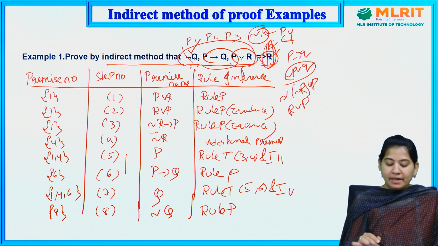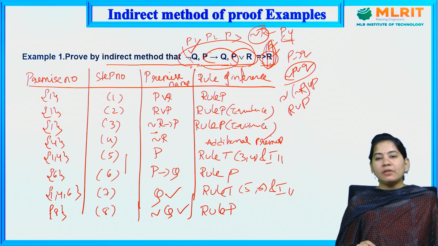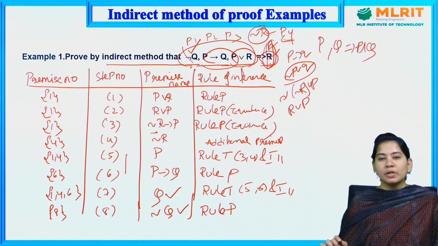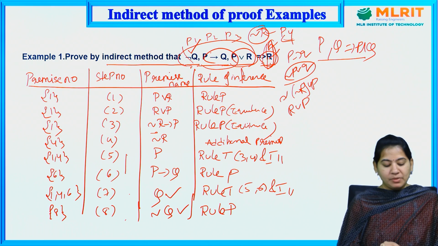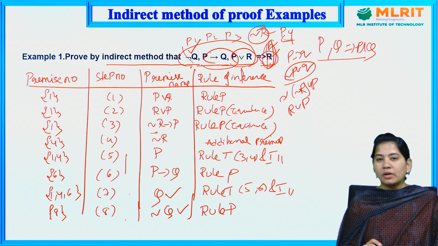Now by seeing Q and negation Q, just by applying the I9 formula, what is it? P comma Q is equivalent to P and Q. So by applying the I9 formula for steps 7 and 8, premise numbers 1, 4, 6 and 8, you will get into the contradiction format.